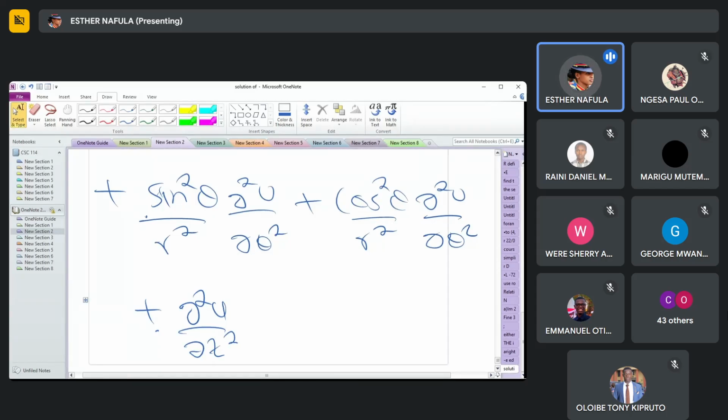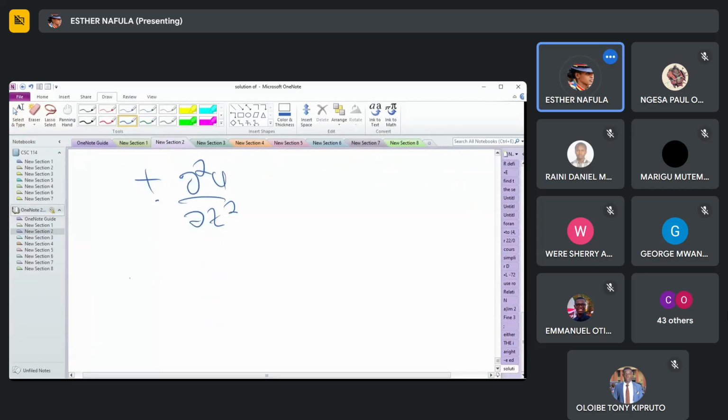Factor out what is common. Use the identity that cos squared plus sin squared is 1. What do you get? We know cos squared plus sin squared is equal to 1, right? So if we factor out partial squared u partial r squared from the first two terms, this is what we get.